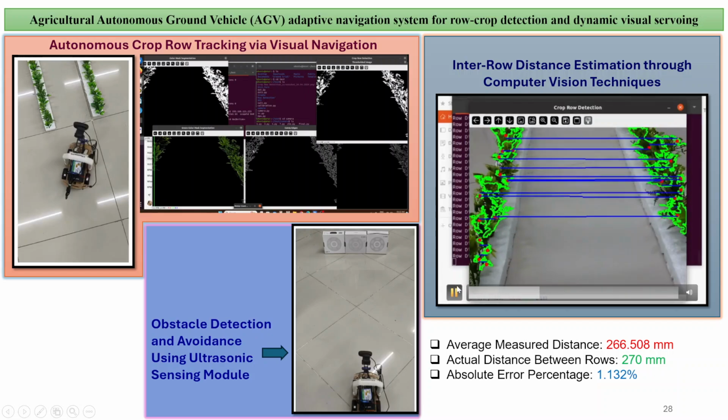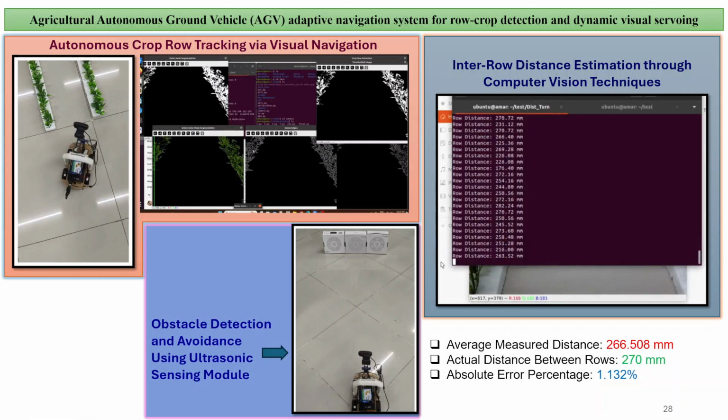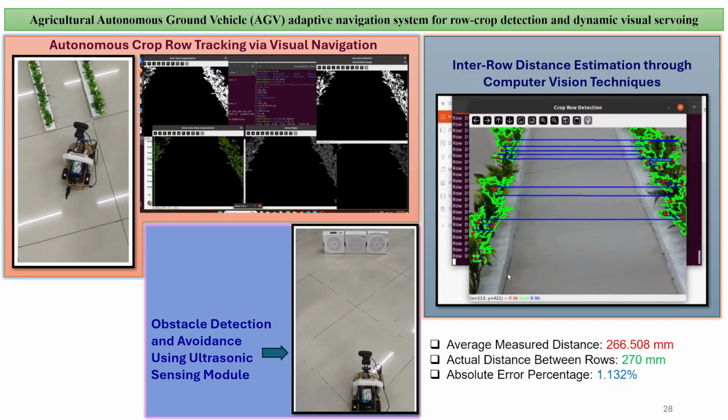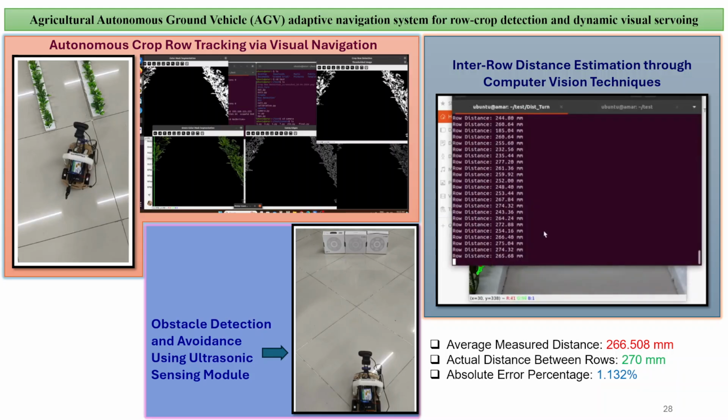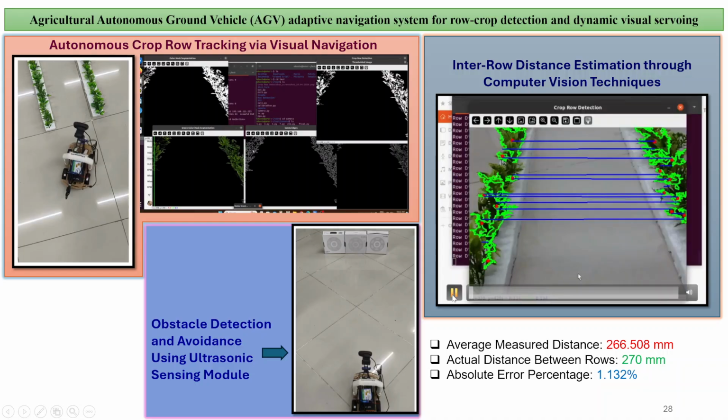This is the principal application of computer vision. Here you can see that through an RGB camera and a microcontroller, I am able to do this task. I have shown the average measured distance, the error percentage and the actual distance. All these parameters I have shown here.